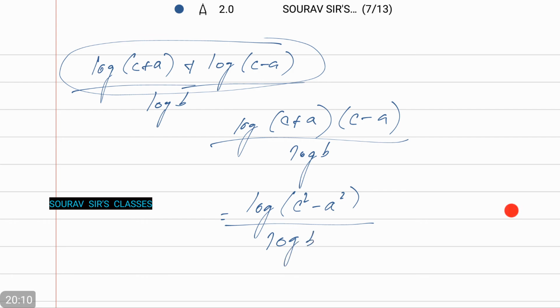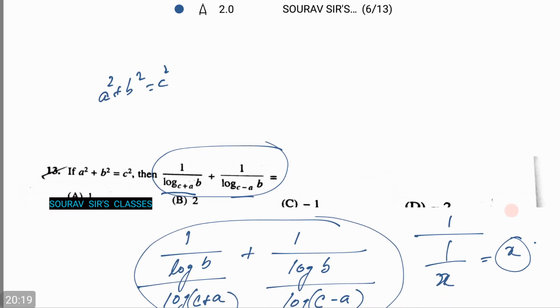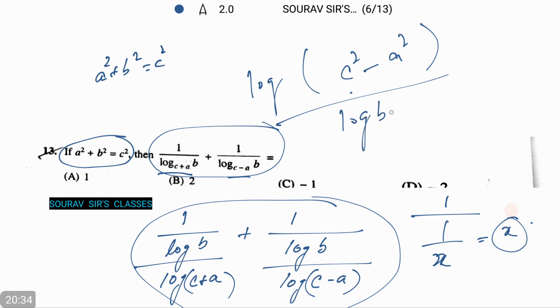Now if you look at the question, we have the given condition a squared plus b squared equals c squared. So what we have is log of c squared minus a squared by log b. So we can replace this as b squared, since c squared minus a squared, once we transpose this a squared to the other side, is b squared.